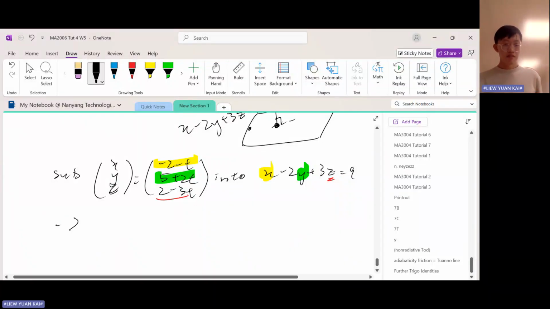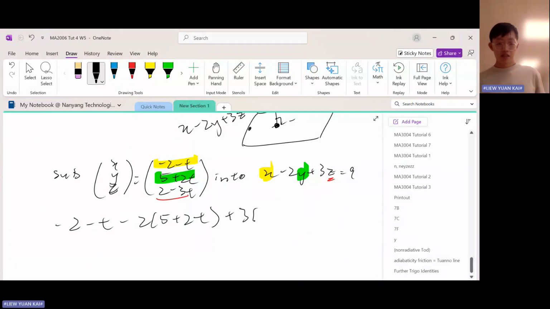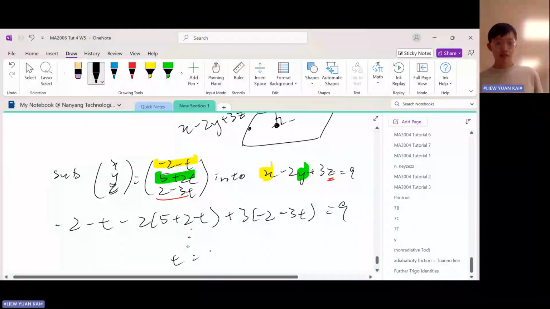So minus 2 minus t, minus 2 times 5 plus 2t, plus 3 times minus 2 minus 3t is equal to 9. You can expand and simplify, make t the subject, and you'll get t equals negative 27 over 14.